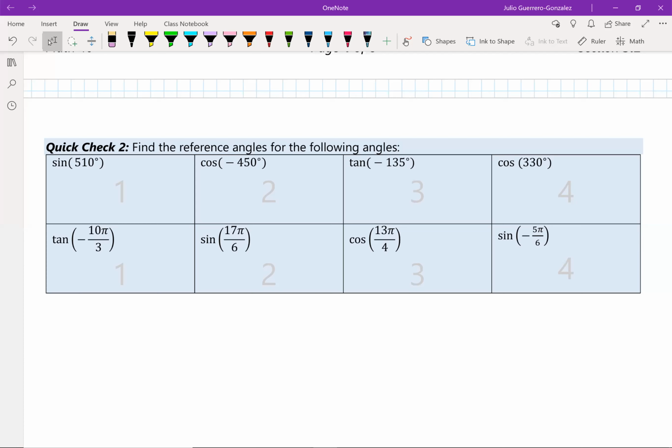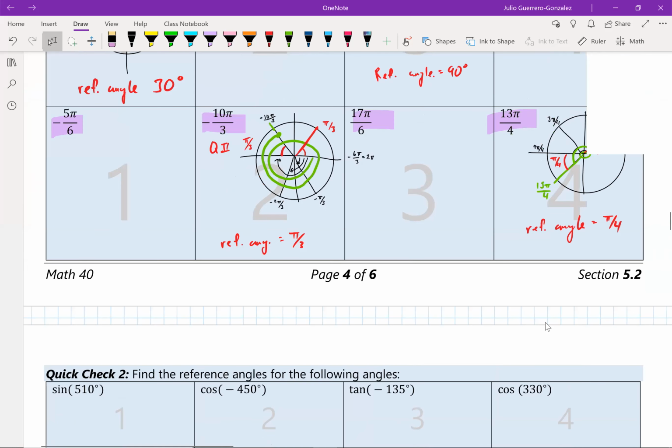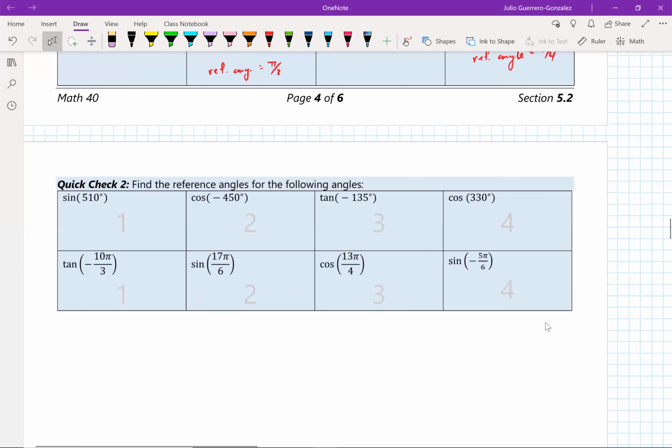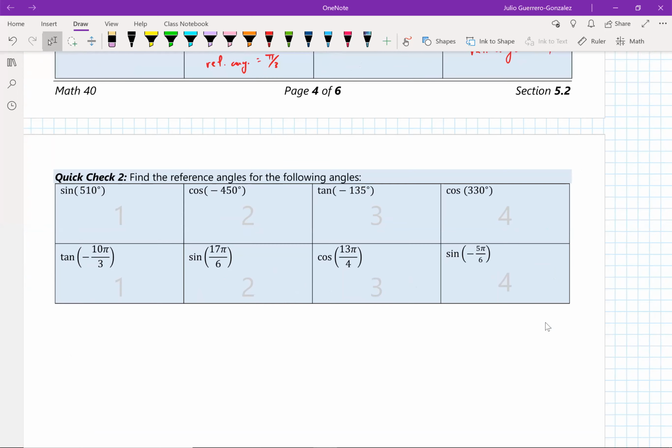Okay. In the interest of time, because I want to get you guys practicing the lecture questions for a little bit, I'm going to give you about 20 minutes for them. The reference angles that I have up here are equivalent to some of the angles down here.